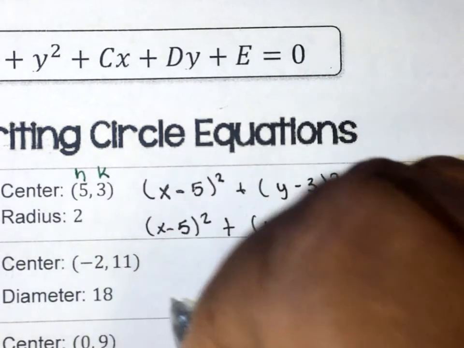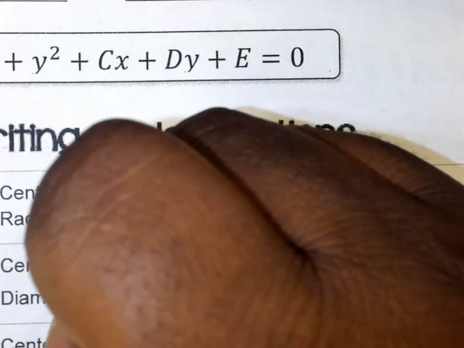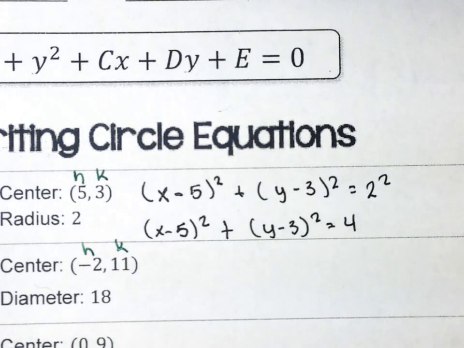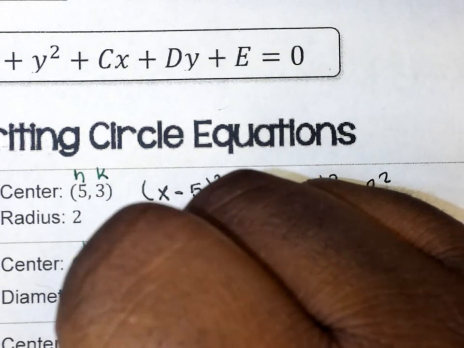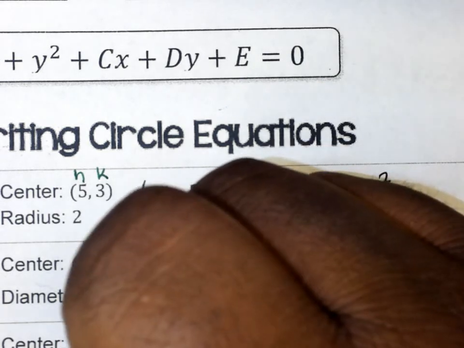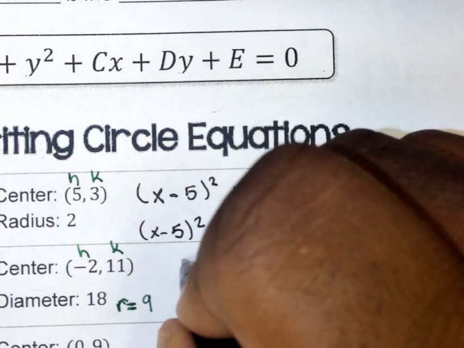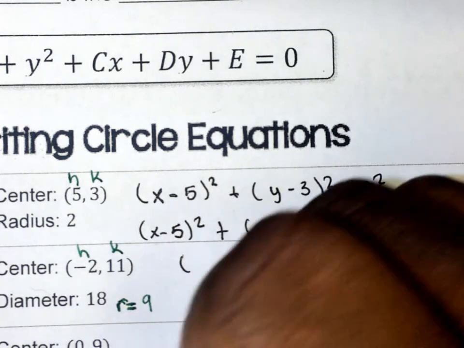The next one, labeling again my h and my k. My diameter is 18. What is my radius? Not everybody at once. Radius is 9. So pay attention to how I do this one.